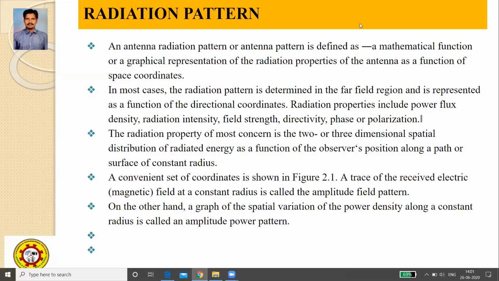On the other hand, if you want to draw a power pattern, that graph is the spatial variation of power density along a constant radius, called the power pattern. Generally, the field pattern is more popular compared to the power pattern. Let us watch the pictorial representation of this radiation pattern.